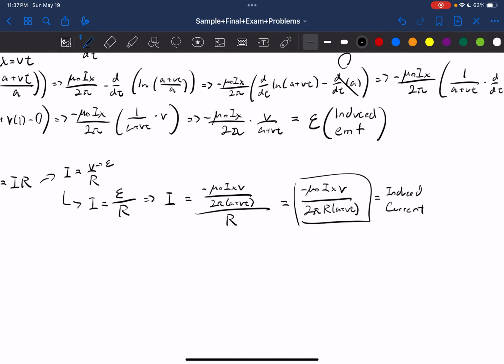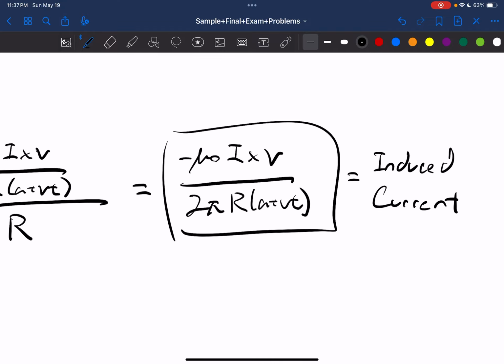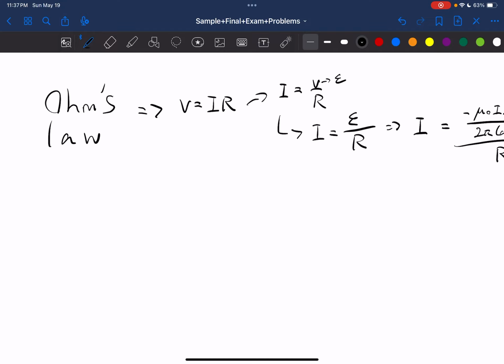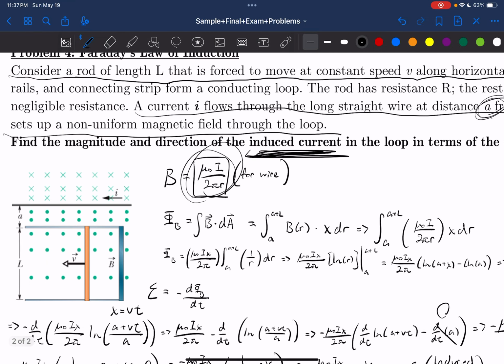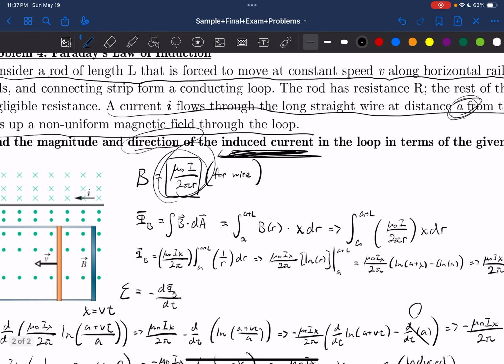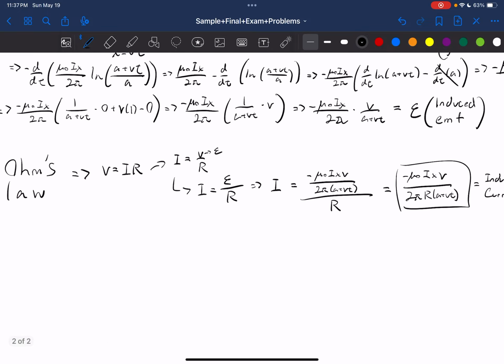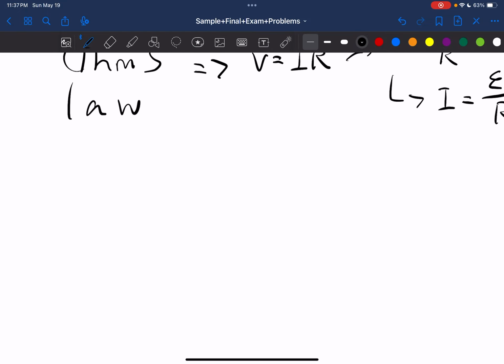Now, aside from the induced current, we also need to find the direction. Where does it say that? Yes, direction right here. And to find the direction, we have to use something called Lenz's law.